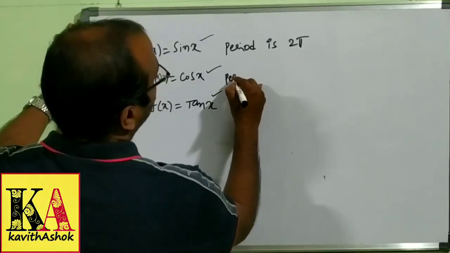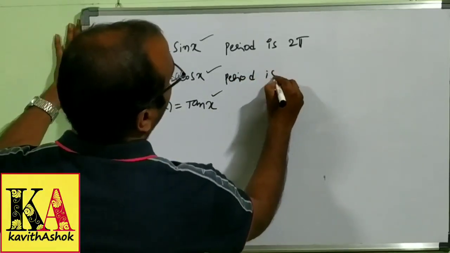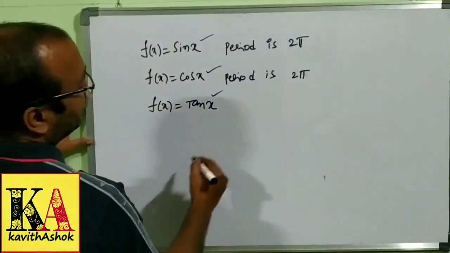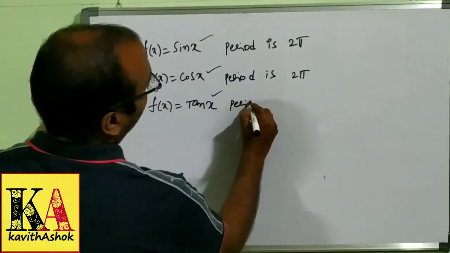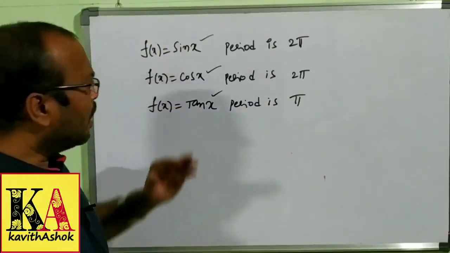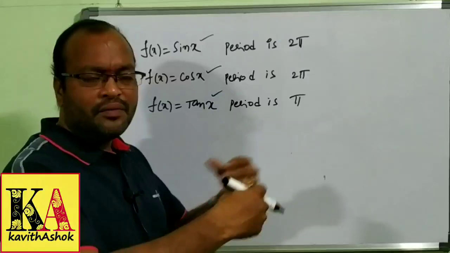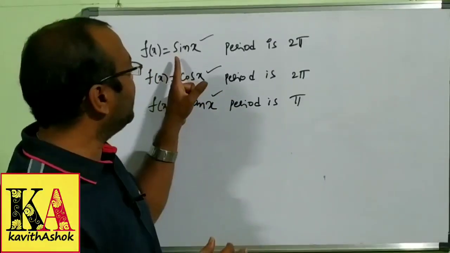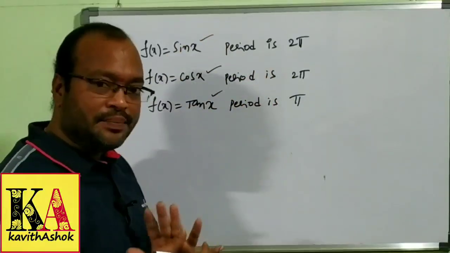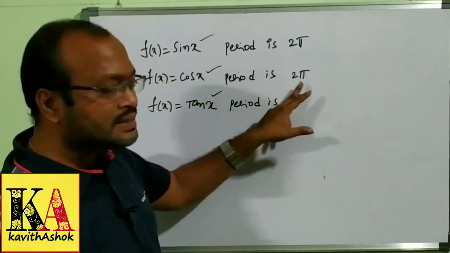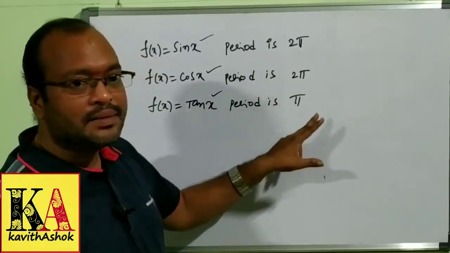In the same manner the period of cos x is also 2 pi, and the period of tan x is pi. How 2 pi, later we will discuss in detail. Just remember: the period of sin x is 2 pi, the period of cos x is 2 pi and the period of tan x is pi.